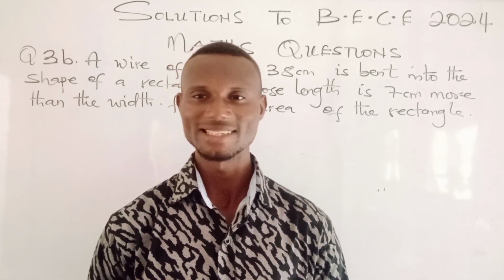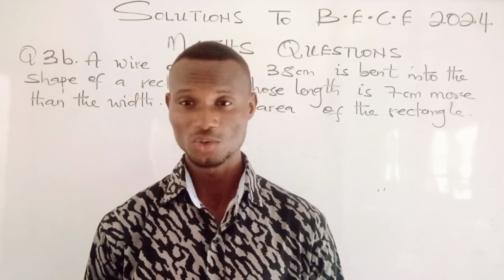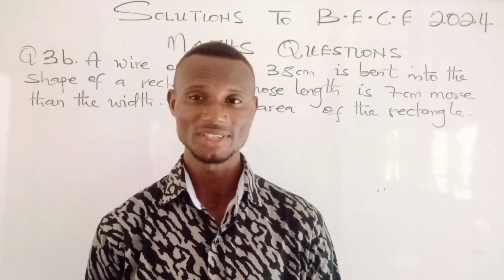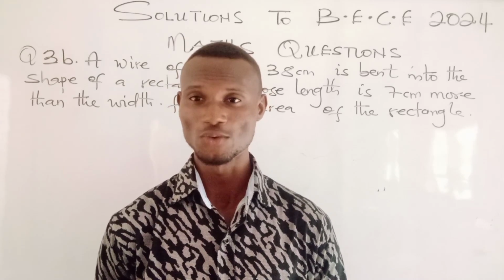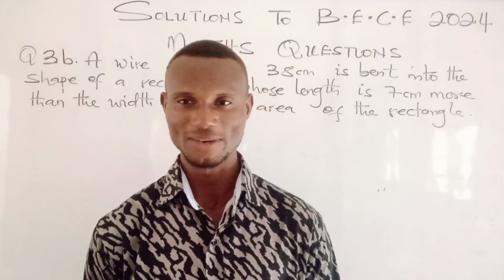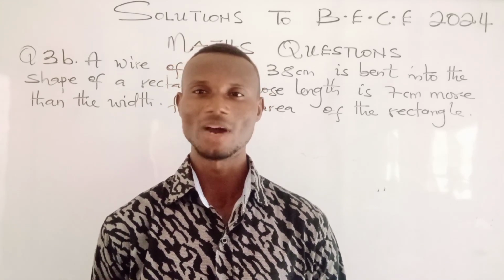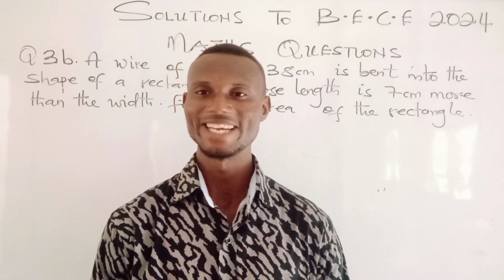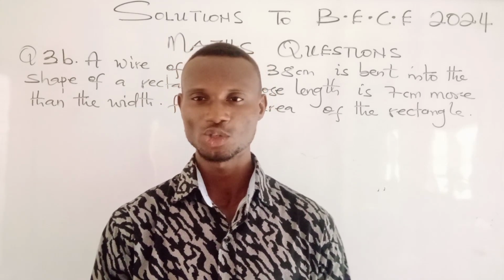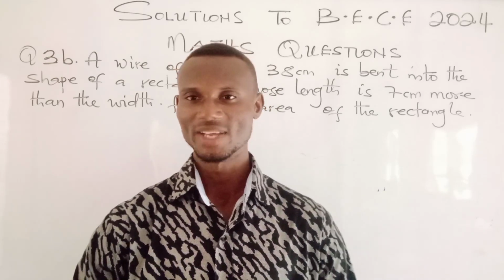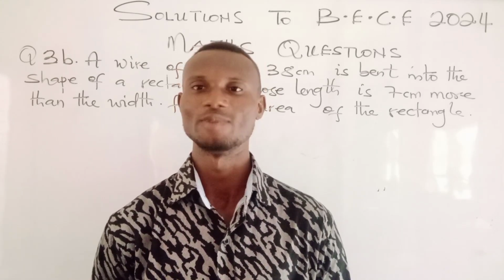Examiners award marks for all those processes. So it's important that you follow the process that I'm teaching you. First, read and understand the question, because your understanding of the question is part of the solution. Second, read again and extract all the given information in the question and write them down.